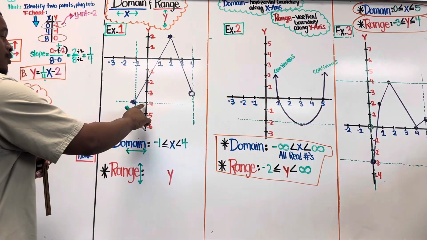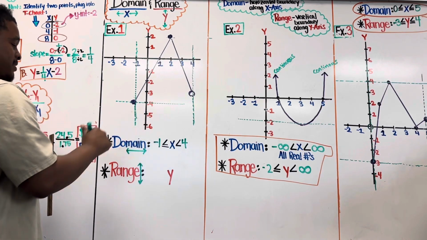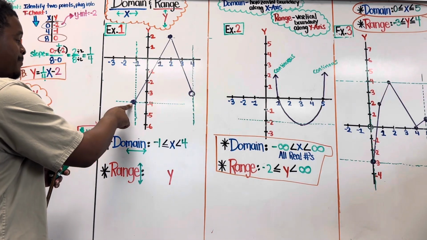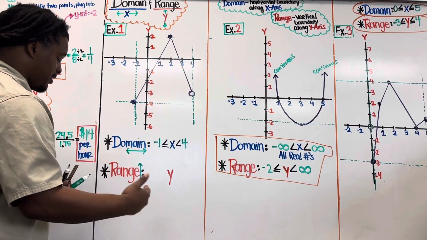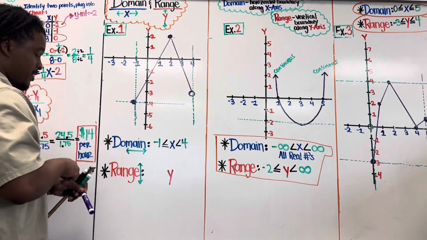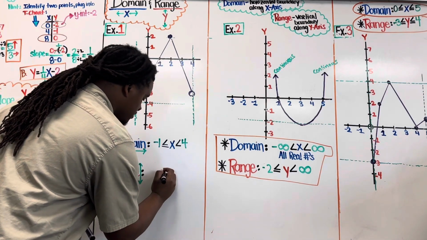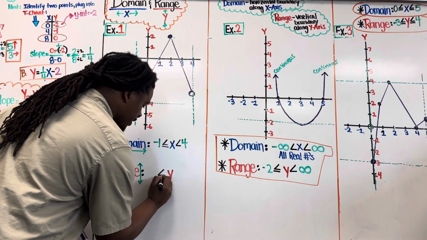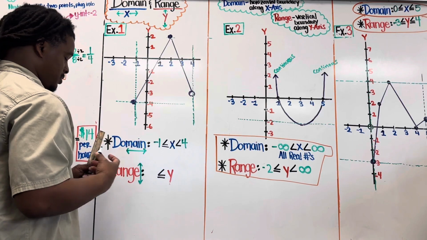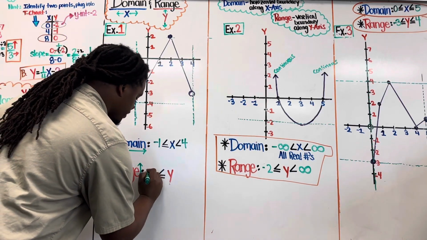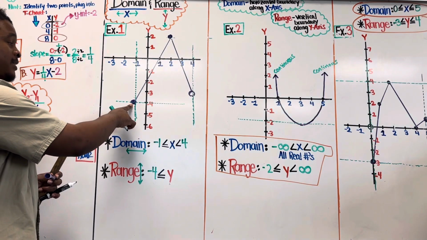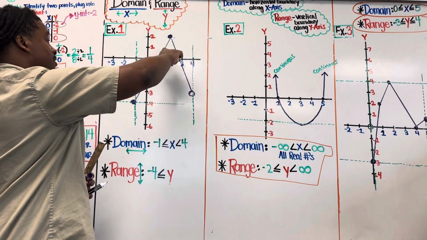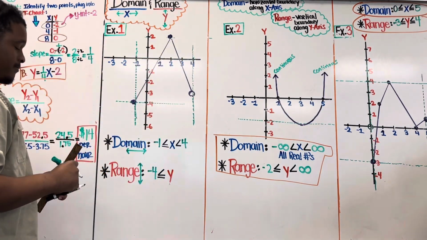As you can see, the lowest that y could possibly be is -4. And that particular dot is actually shaded in, so y can actually be -4. So what it's saying is y is greater than or equal to -4. So it could actually be -4 or any of these particular values that are greater than -4, all right?